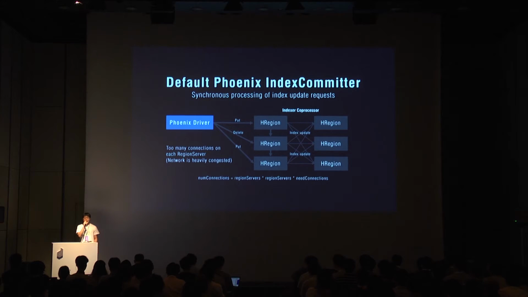This figure depicts how index processing streams flow between a Phoenix client and HBase region servers. By default, Phoenix IndexCommitter processes index updates synchronously. When a Phoenix client sends index updates to the target region servers, the Phoenix coprocessor performs the primary table updates first.